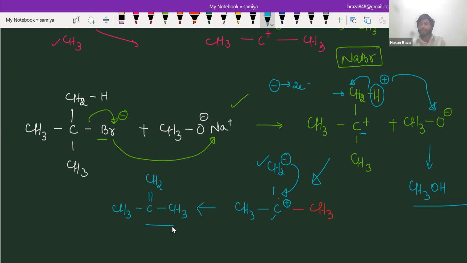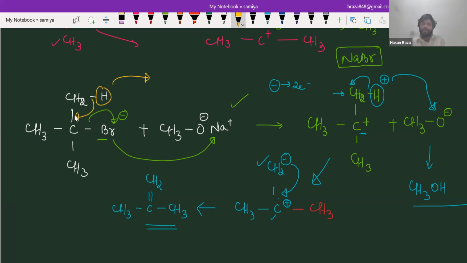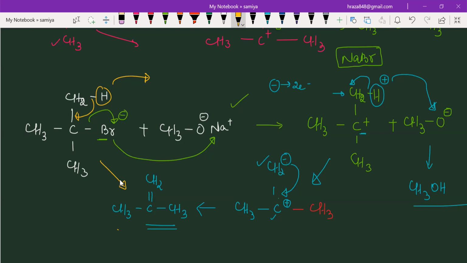Are you getting my point now? Okay, sir. Or you can directly write like this. That shows hydrogen will be eliminated and this bond will shift to this, and there will be like this. Are you getting my point now? Yes, sir. So please write it if you want it. Then I'm going to give you a question. This is very important.